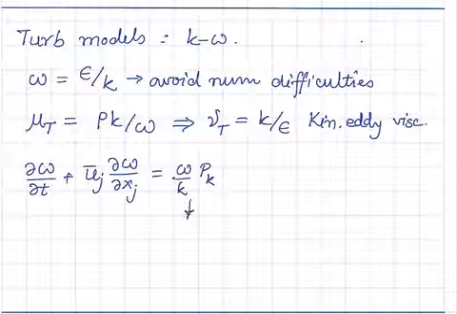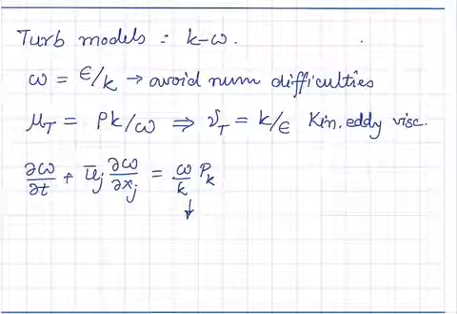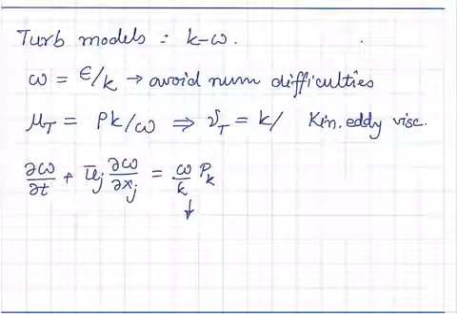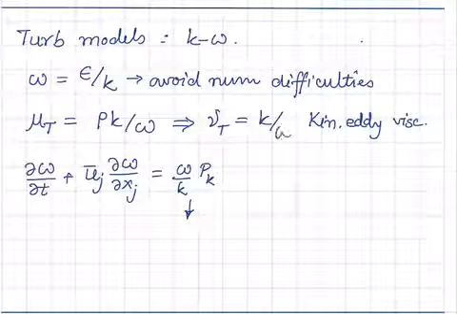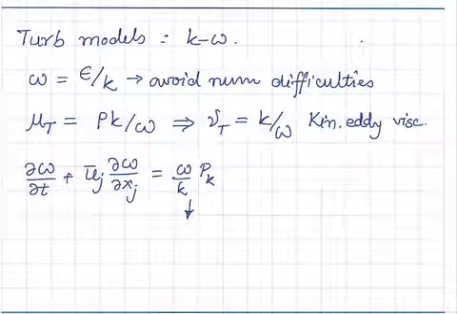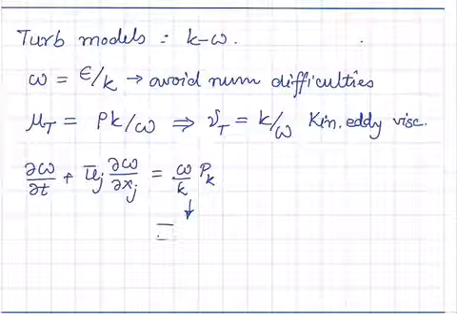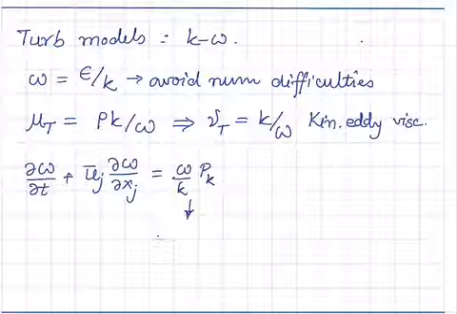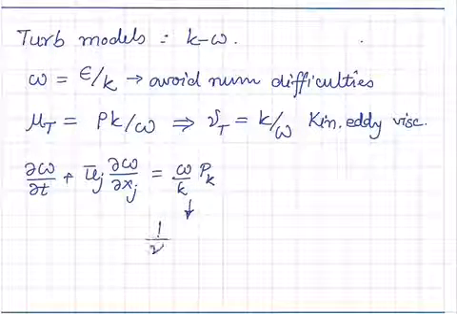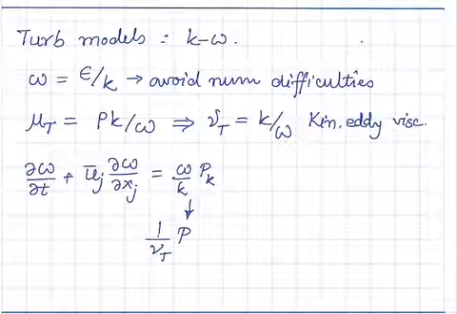I made a mistake. This is k by omega, so this becomes 1 over nu T times production of k.